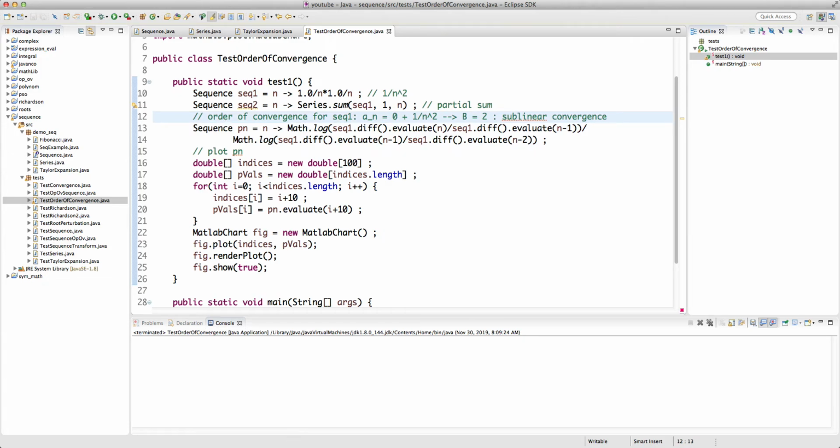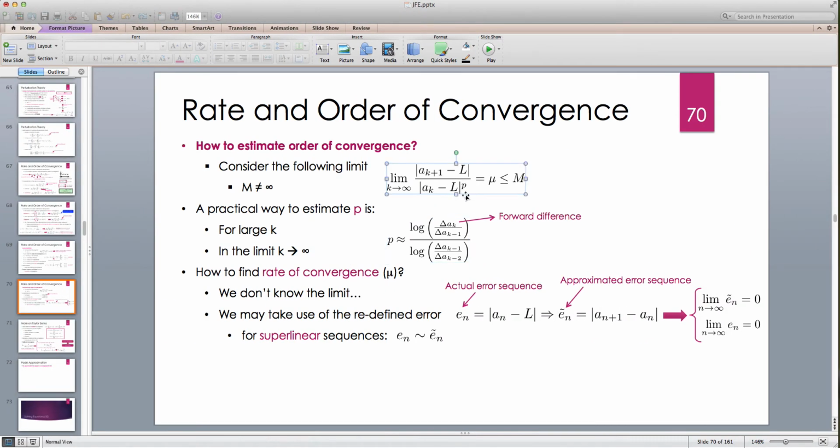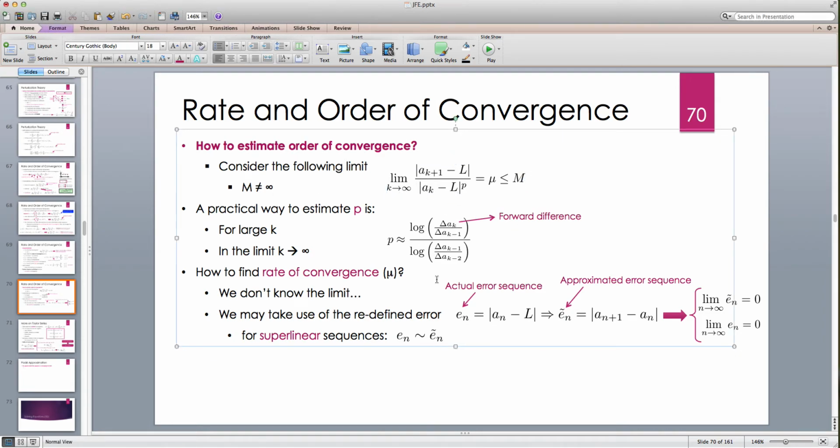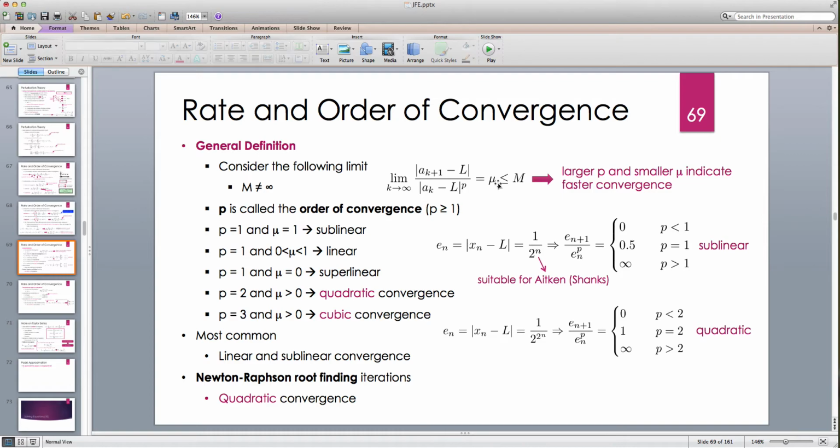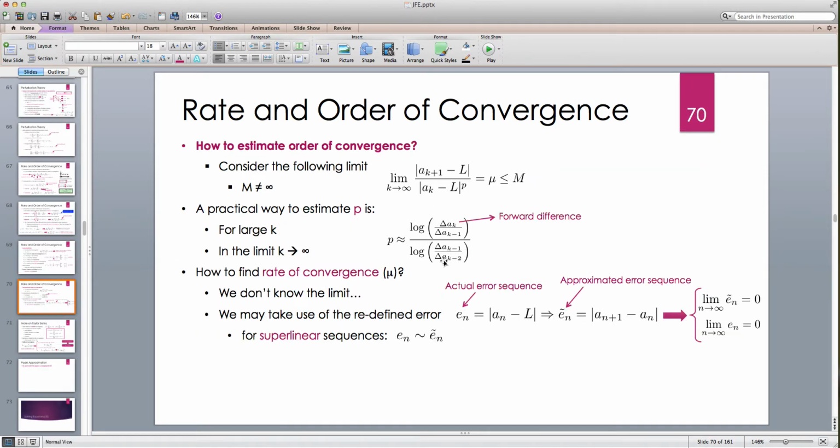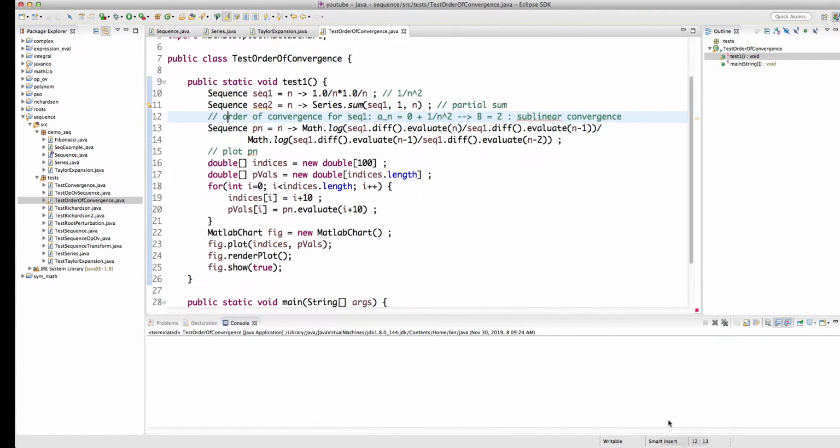Let's go back to the definition. We know that the sequence 1 over n squared has a sublinear convergence, right? For it to be sublinear, p must be 1 and mu is 1 too. So p must be 1, and this log sequence has to converge to 1, and that's exactly what we see here.